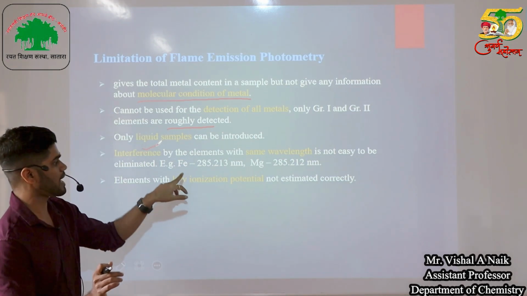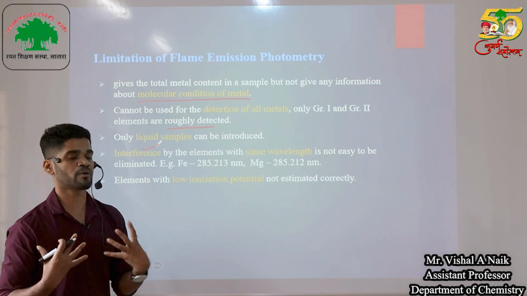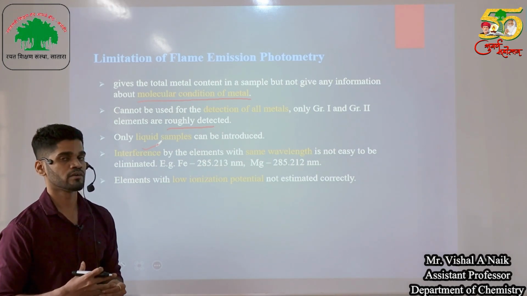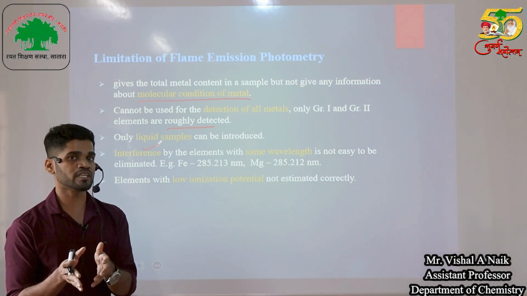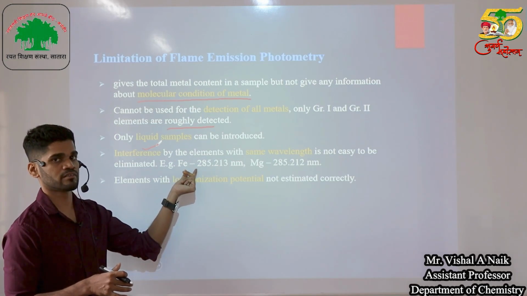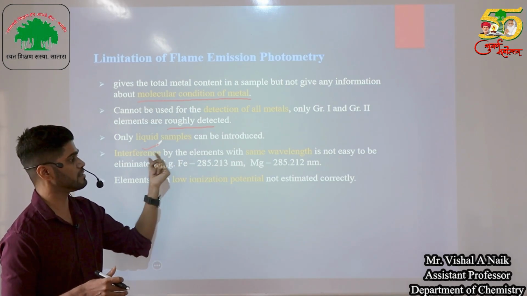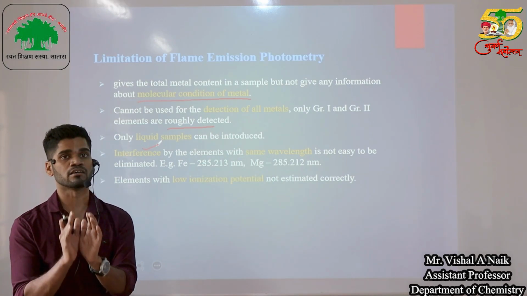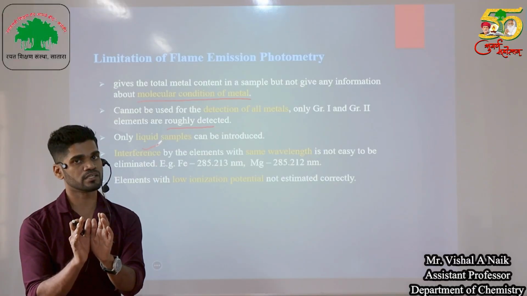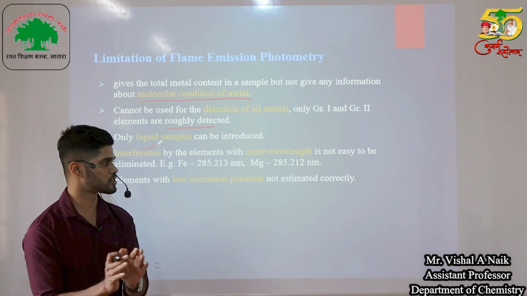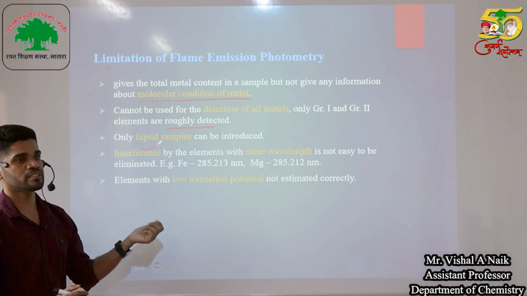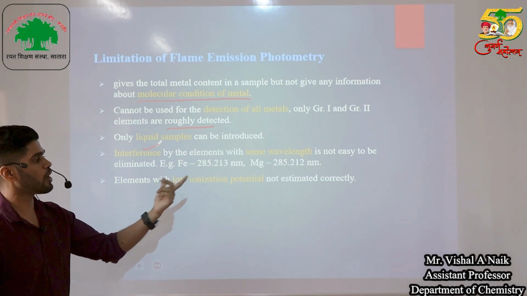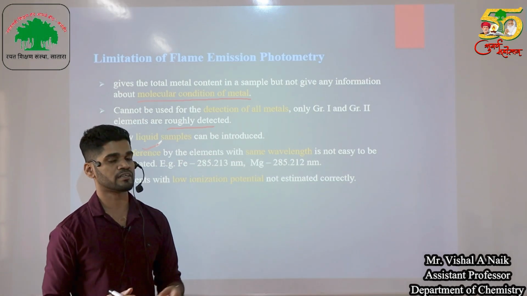For example, if we have to determine magnesium and iron, and magnesium is present, it is detected as one, and if we have to determine the iron and magnesium is present, it is determined as a single one. So this is the interference which is produced in a flame emission spectrometer. And the last limitation is that elements with low ionization potential are not estimated correctly.